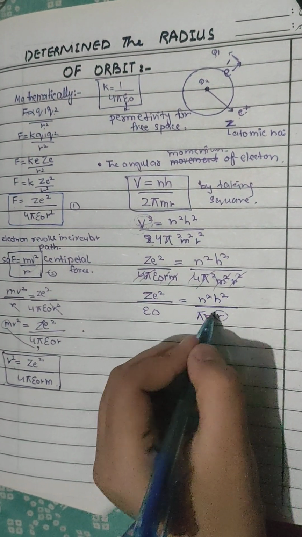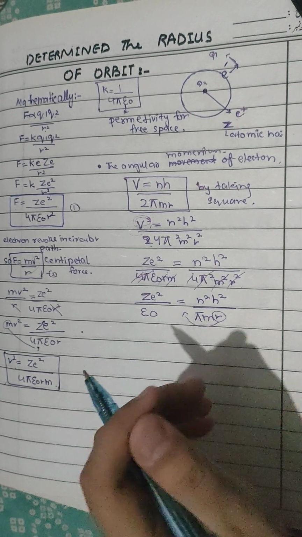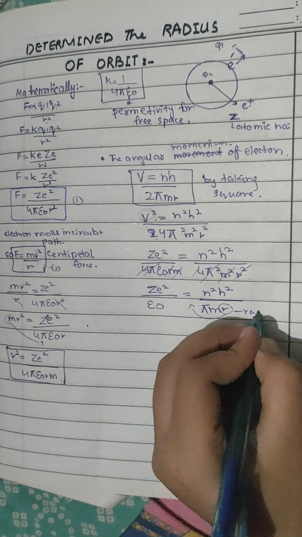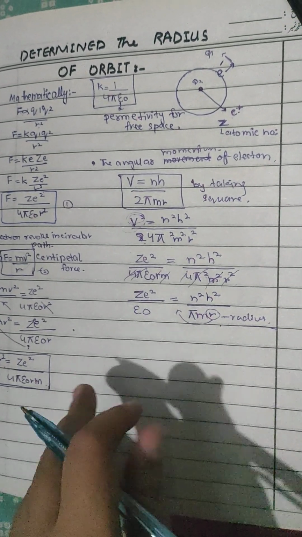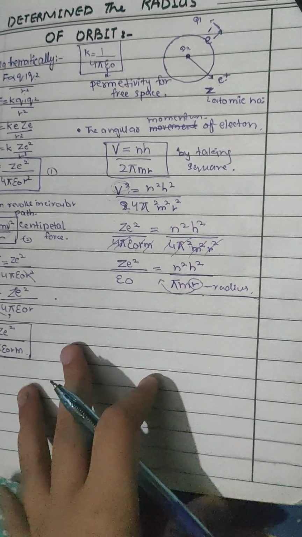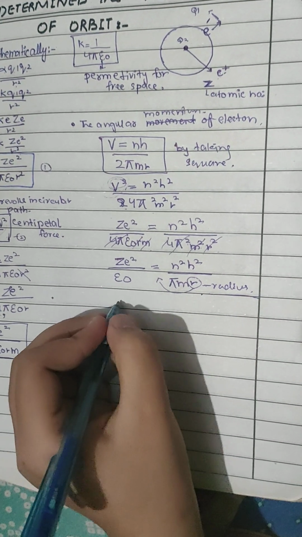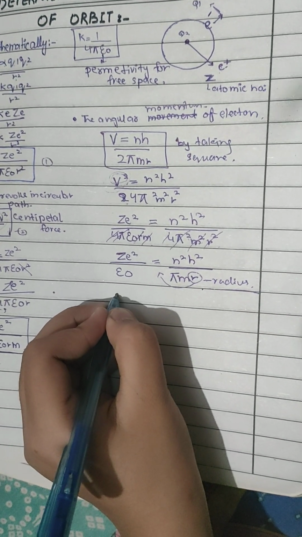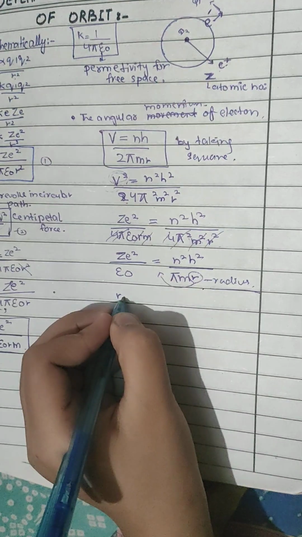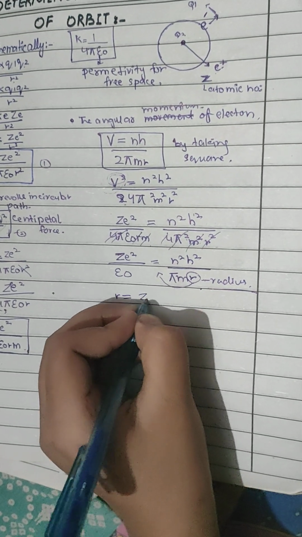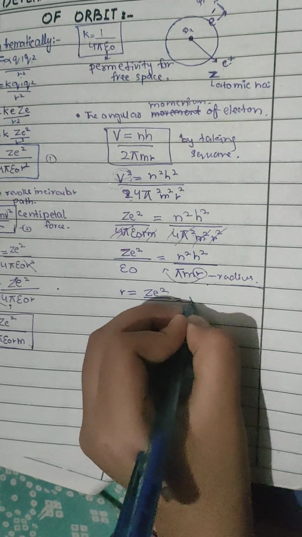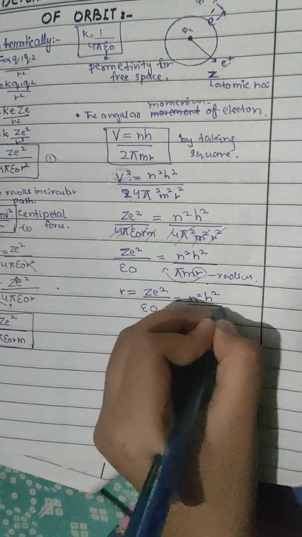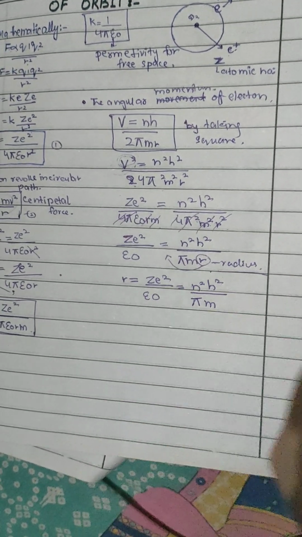Now here we're going to move this to the other side, because we have to find the radius. So yeah, here you can see r is equal to ZE square upon epsilon, equal to n square h square upon pi m.